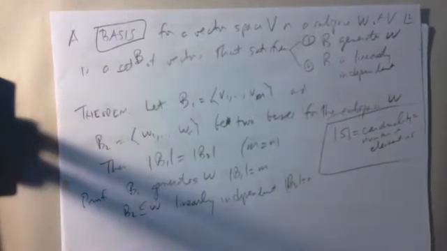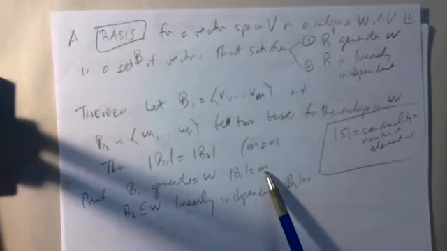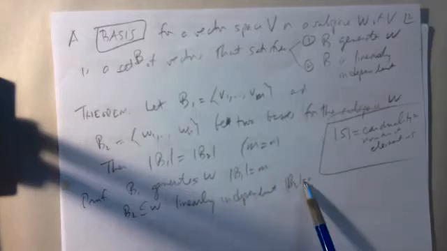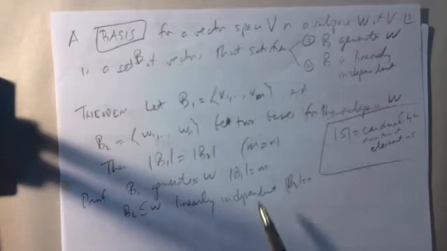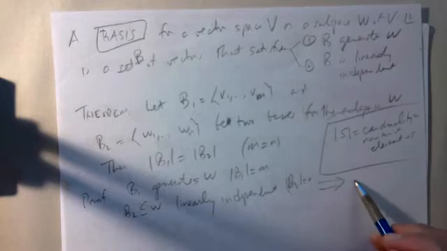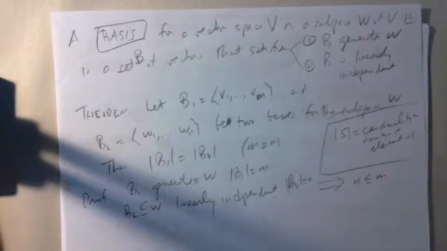And we proved that if you have more than m elements in a space generated by m elements, then your set is dependent. So if you have a set of n elements that's linearly independent, the number of elements in the linearly independent set has to be less than or equal to m.